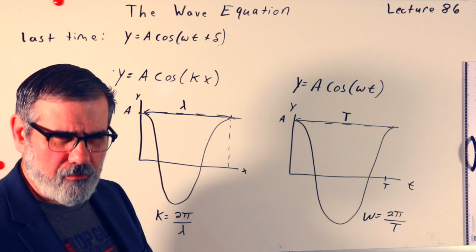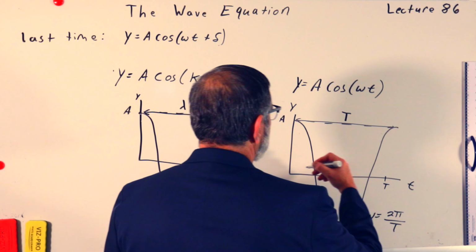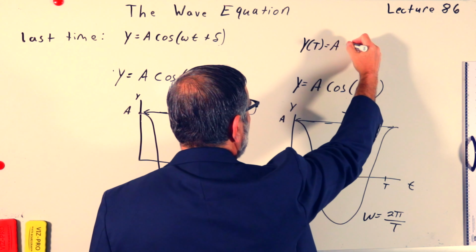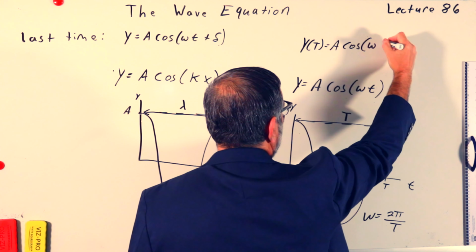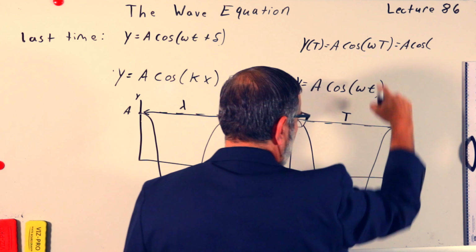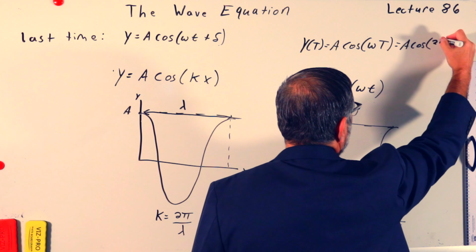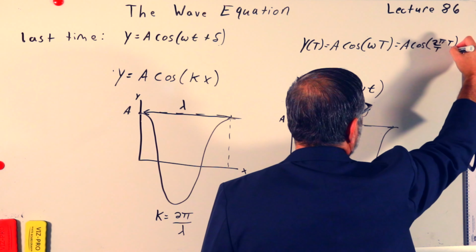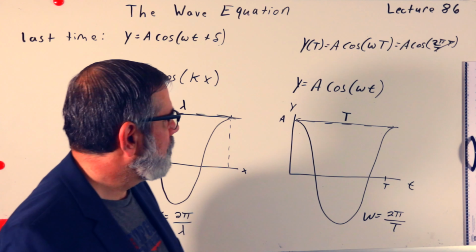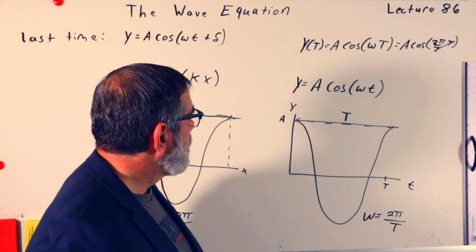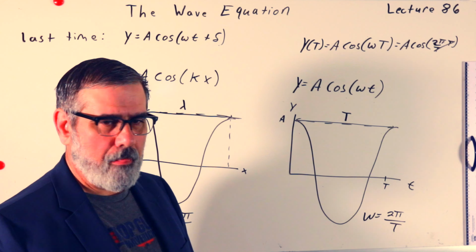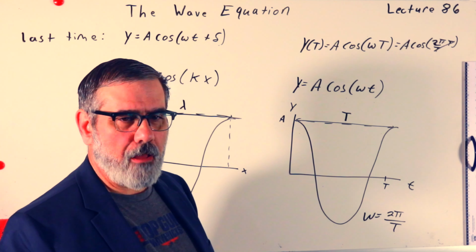I can put it in explicitly: y at time big T would be equal to A times the cosine of omega big T, but omega is just 2 pi over big T, times big T. The T's cancel, we get cosine of 2 pi, which is 1. So we get the correct amplitude again. Does that make sense? So here's the picture for space, here's the picture for time.